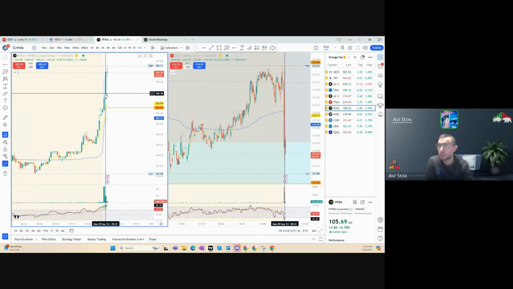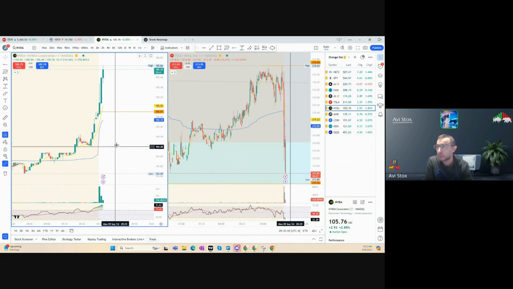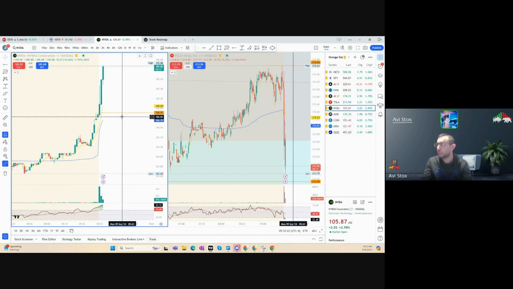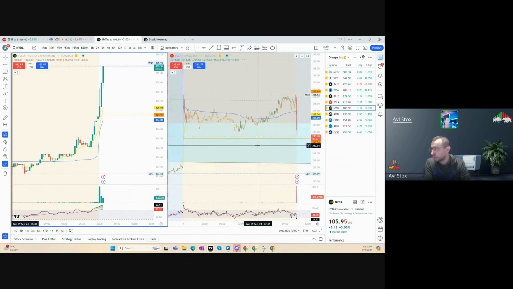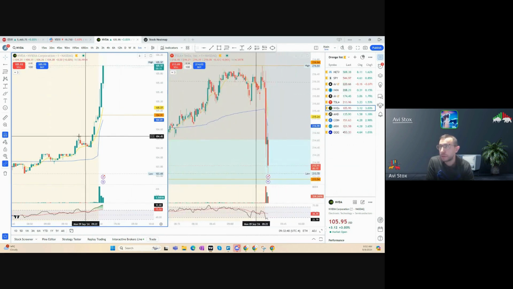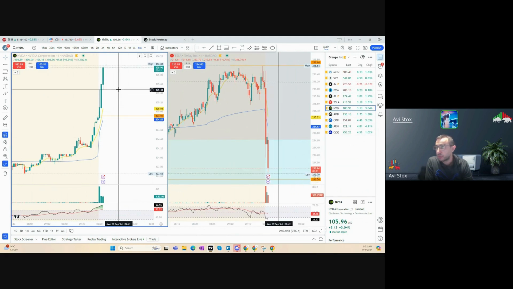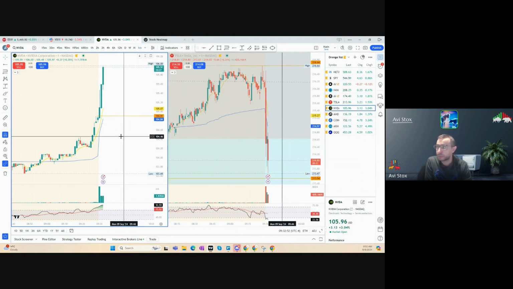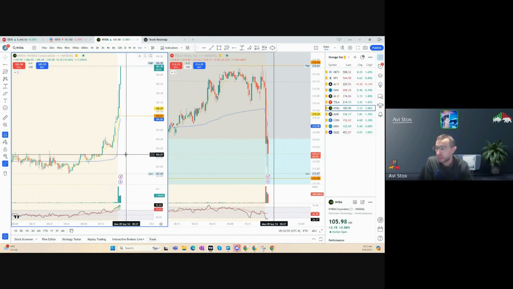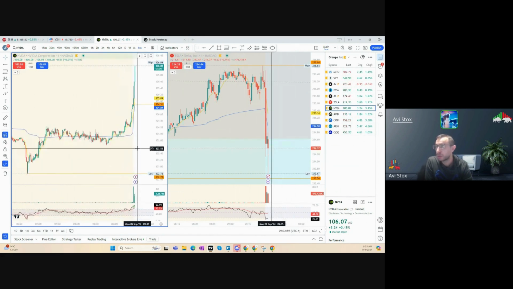Wow, look how bullish this one is. I mean, this one candle. Wow. It's moving up at 106. We are basically at 106 there. So it's broke above.